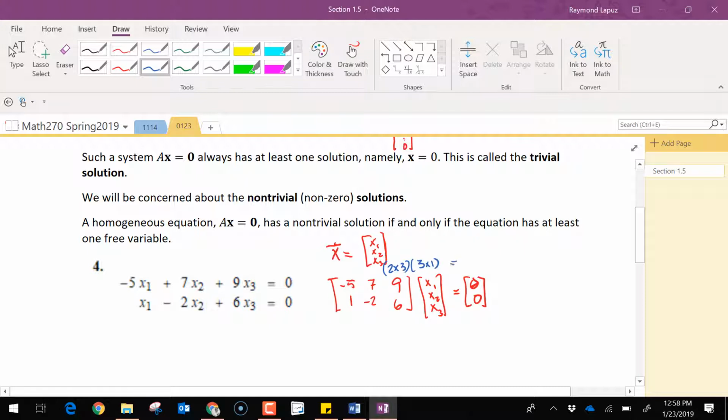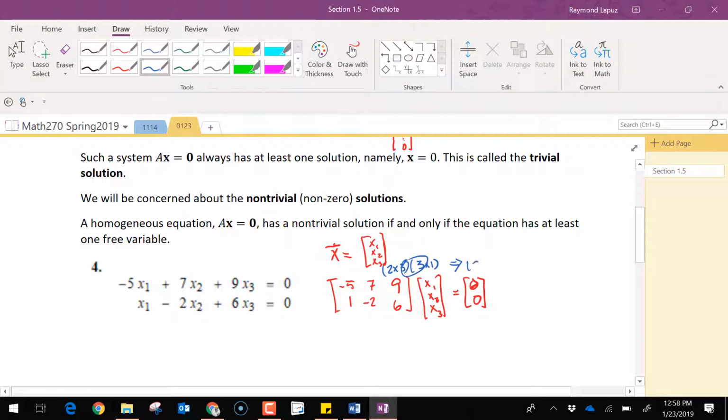The number of columns for the first matrix has to match the number of rows for the second matrix. And so you can see that they match. So this is a legal matrix multiplication, and your result is just a 2 by 1 matrix, which is what happens here.